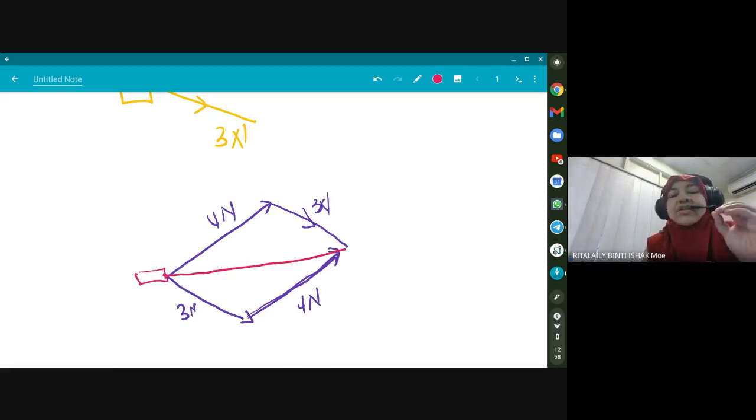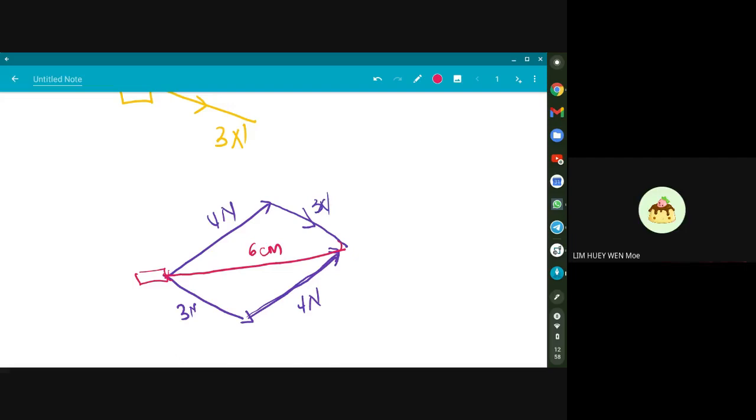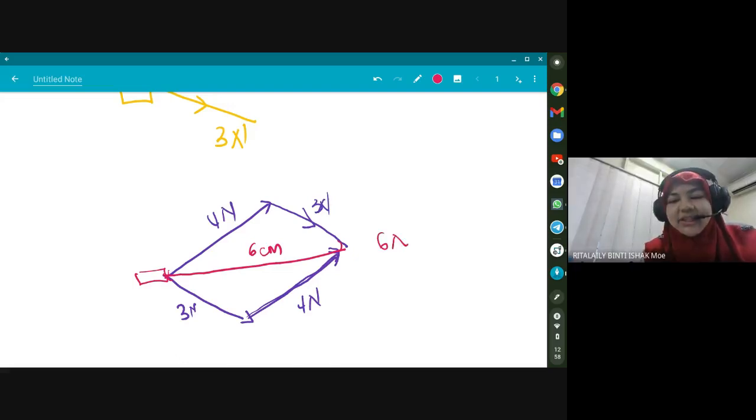Since we are drawing this with a scale where 1 cm is 1 Newton, we measure the length. Let's say the length is 6 cm, contohlah. So what is the resultant force then? 6 Newton. Yes, 6 Newton.